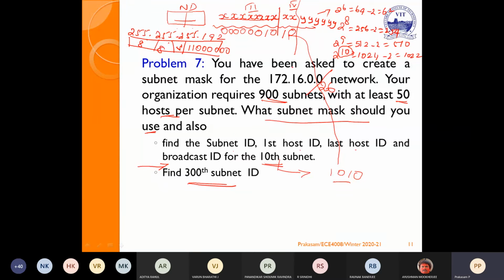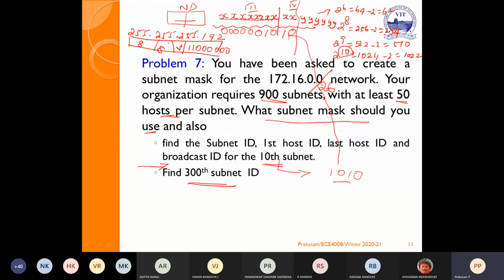Since the mask is here, the subnet ID requires 10 bits. In the third field we are replacing 8, and in the fourth byte we are taking the first 2. So totally 10. Now convert this 10 into its binary equivalent, that is 1010.